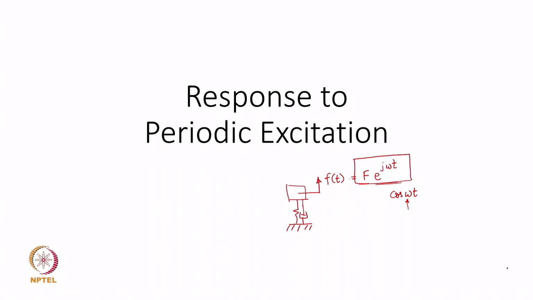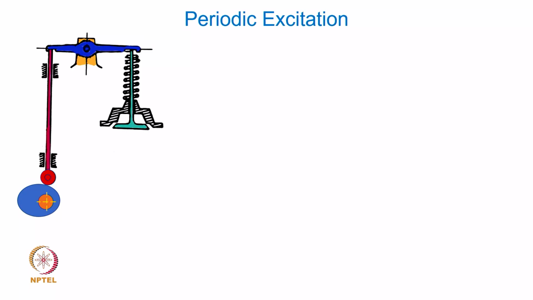So, essentially the right hand side of our governing equation of motion was a harmonic single frequency forcing function, right. Now, in practice there are situations where the excitation function need not be necessarily a single frequency or a harmonic forcing function. Now, the example of that is this. We assume that this cam, which was exciting this tappet valve mechanism of an IC engine, we assume that the excitation at the base here, or the movement, if we define this to be, let us say y of t, was harmonic.